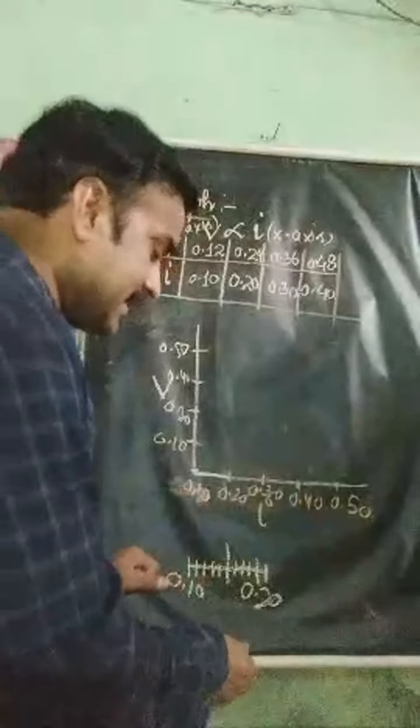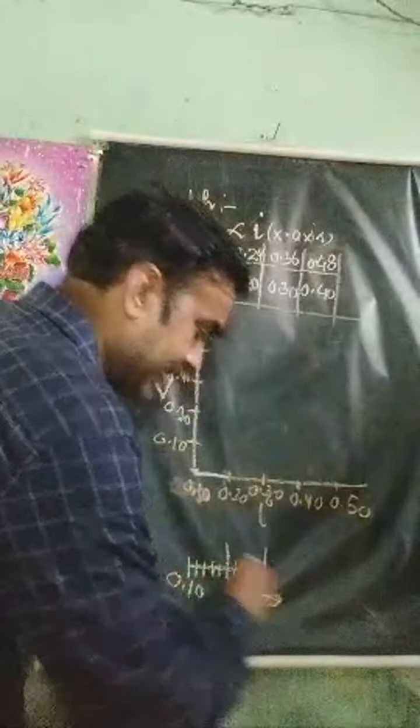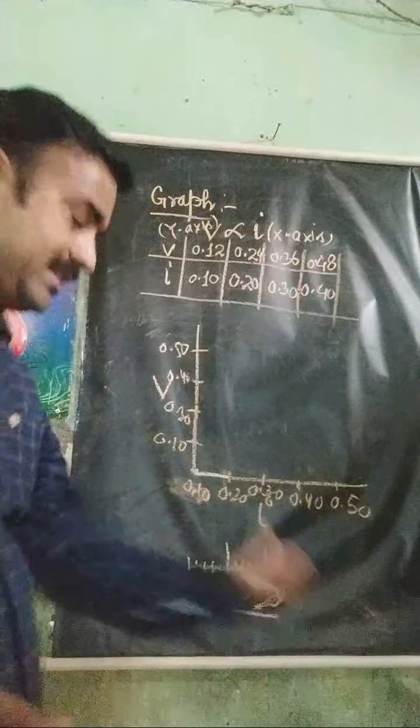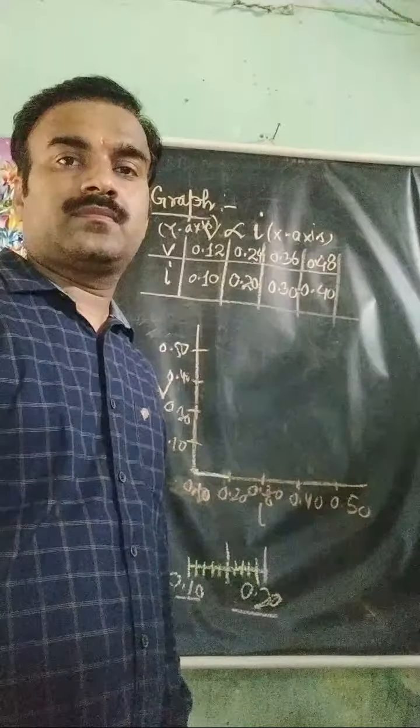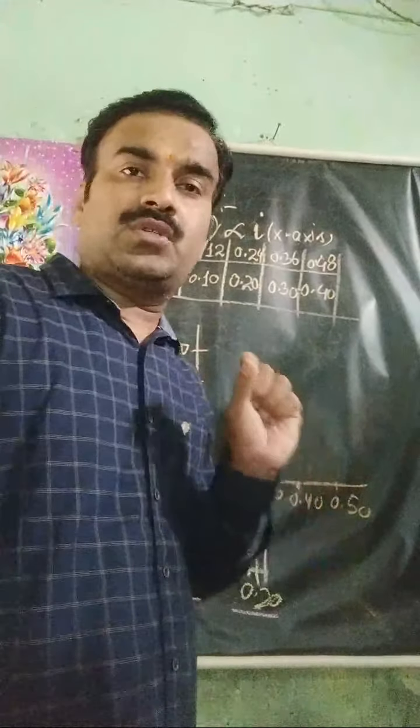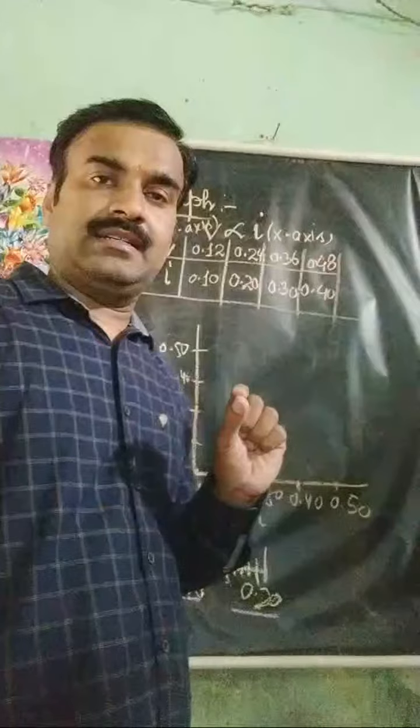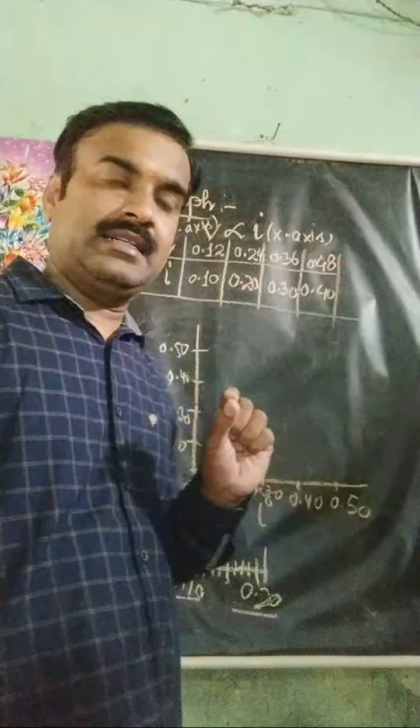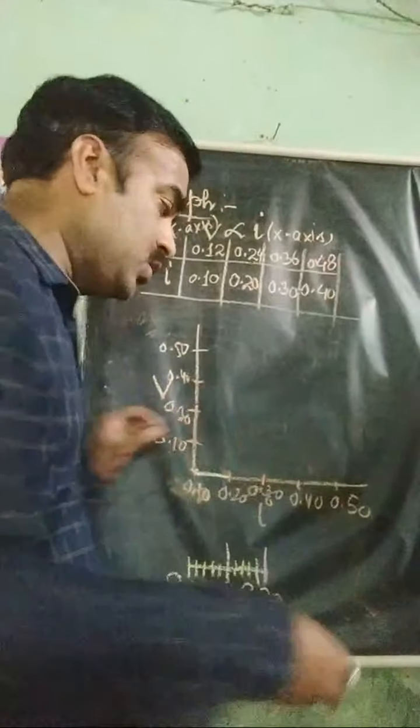Axis is already explained. Now the second thing: see, there are 10 divisions.